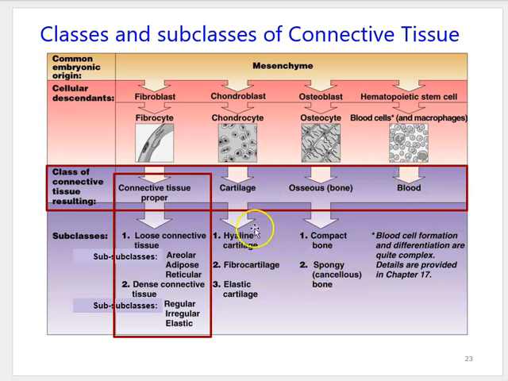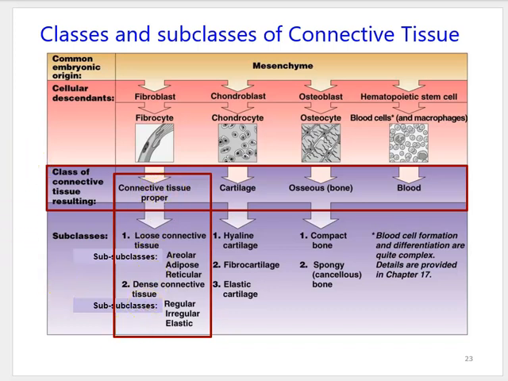Some of them have subclasses, like cartilage has hyaline, fibrocartilage, and elastic cartilage. Connective tissue proper has two subclasses, loose and dense, and subclasses within them: areolar, adipose, reticular, regular, irregular, and elastic. We'll get to all of that, but just be aware, you'll see me say subclass. A subclass is going to be within one of these four classes of connective tissue.